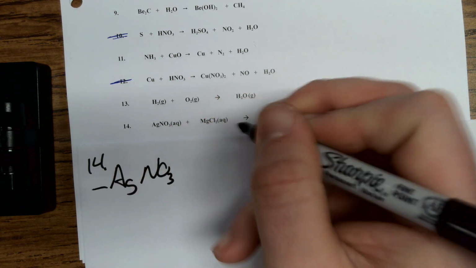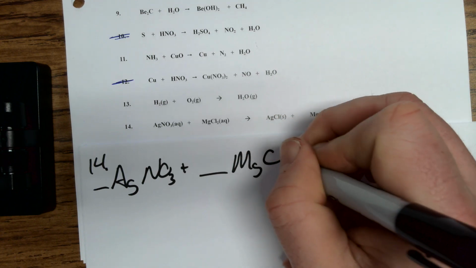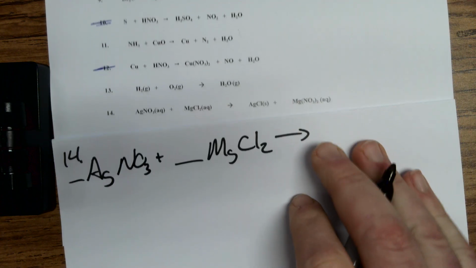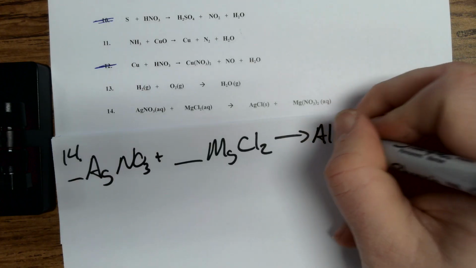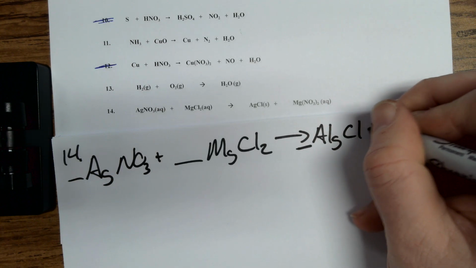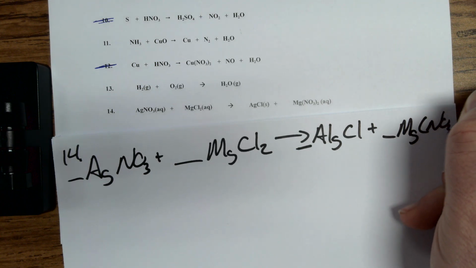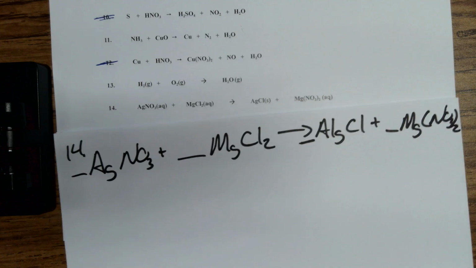Silver nitrate plus magnesium chloride reacts to yield silver chloride plus magnesium nitrate.